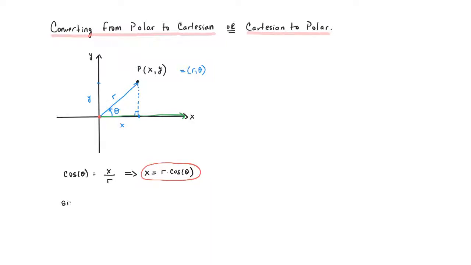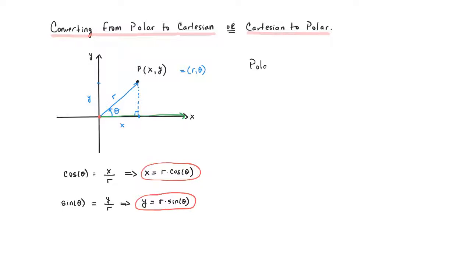Similarly, we know that sine theta is equal to y over r, meaning that y is going to be r times sine theta. So this is going to be my second equation. That means that I already have the tools to convert from polar to Cartesian.